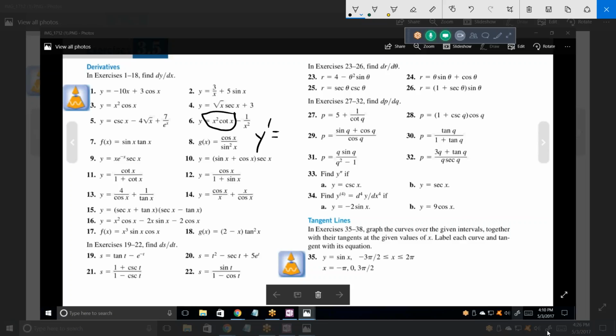So what's u v prime? Okay, so u would be x squared. That's u. V is cotangent x, so we need v prime next to it. Then what's the negative 1 over x squared? Well, we're getting to that. We're doing these one at a time.